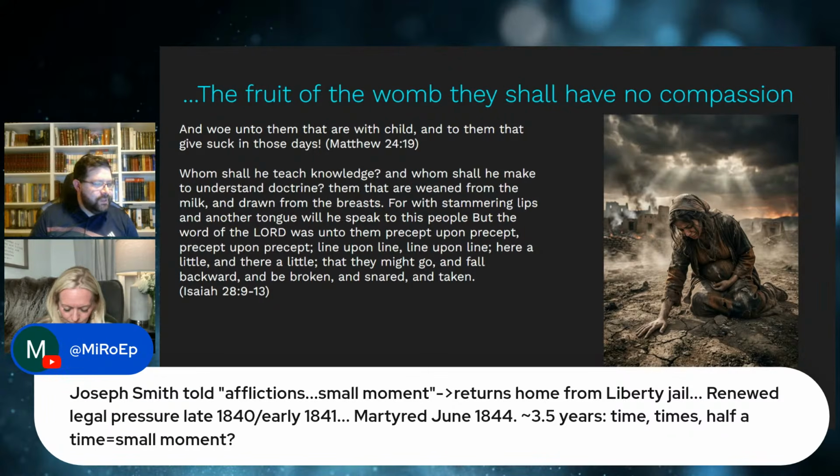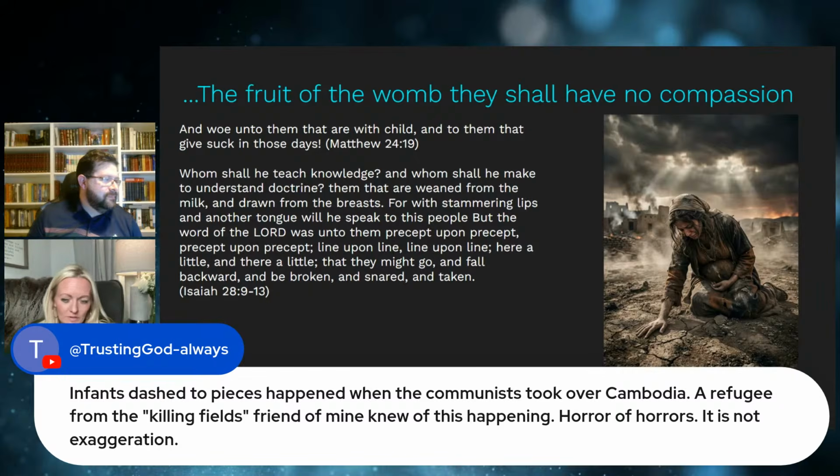This is your reference, right? Joseph Smith told of afflictions for a small moment. Yes. So it might be a good chapter to have when these things happen. Time, times and half a time, still a small moment. That wouldn't feel very small from a human perspective, but infants dashed to pieces happened when the communists took over Cambodia. A friend of mine was a refugee from the killing fields. Horror of horrors. It's not exaggeration. I believe that.